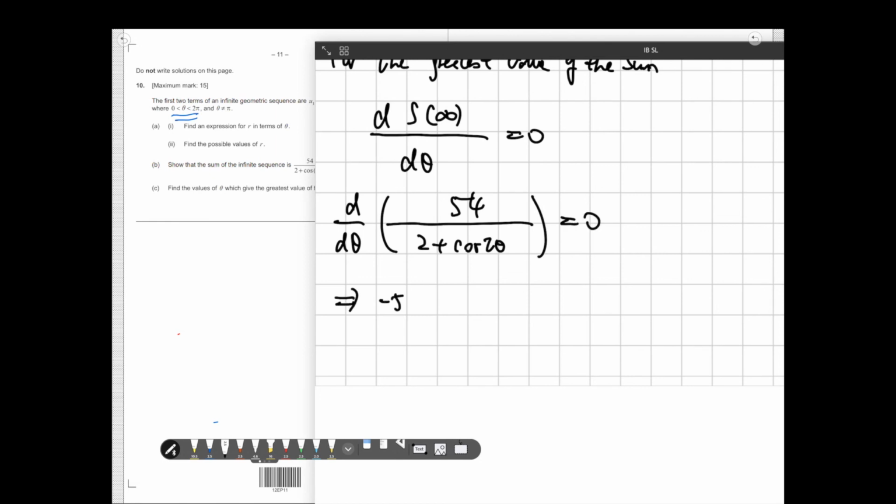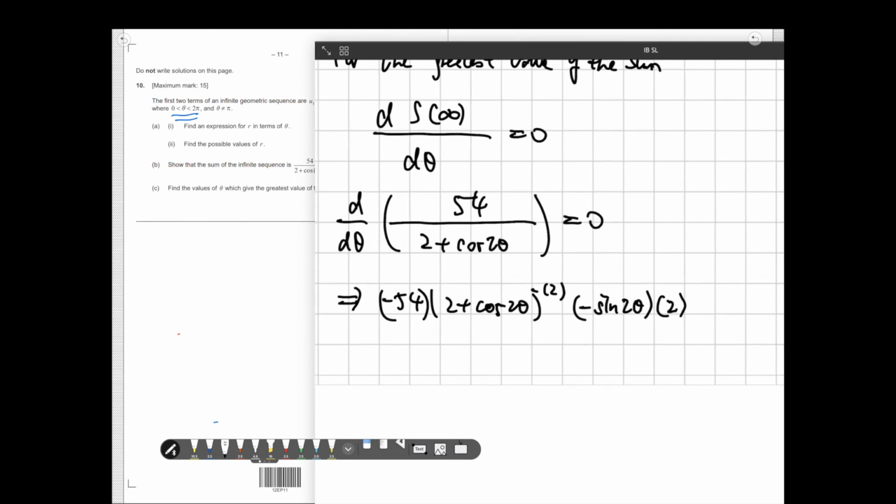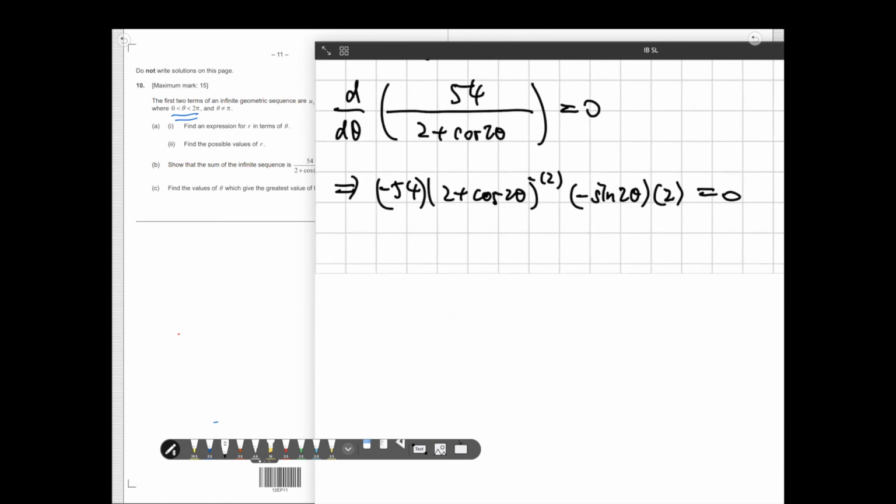After differentiating it, we have negative 54 over (2 plus cosine 2 theta) squared, and then using the chain rule, negative sine 2 theta times 2, which is equal to 0.